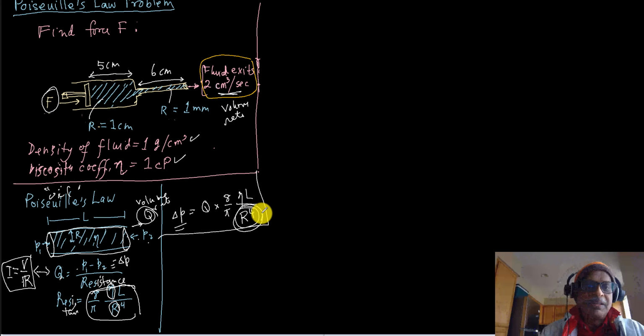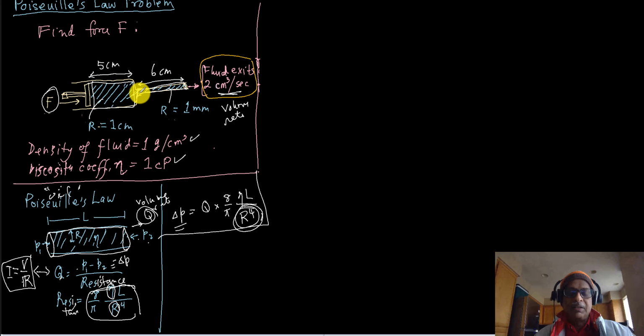Okay. The trouble with this problem is that we've got a tube of one diameter over here, another tube of another diameter over here, and the question is how I'm going to apply this law to that.